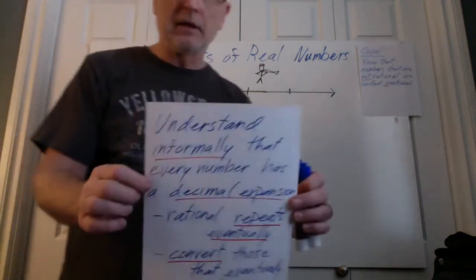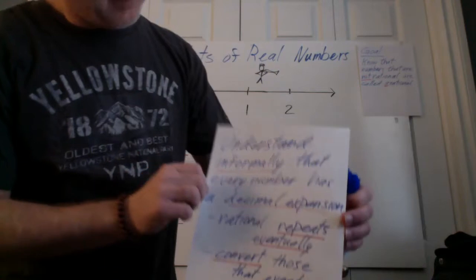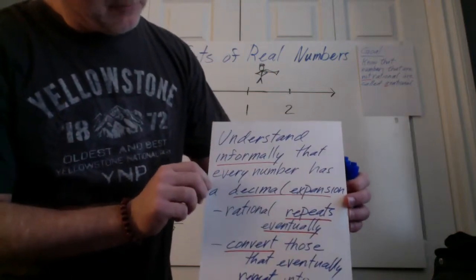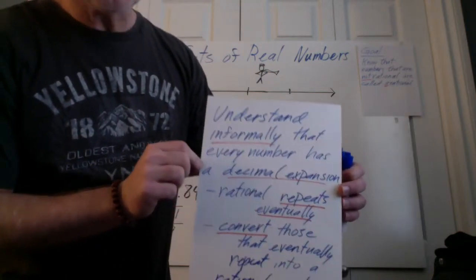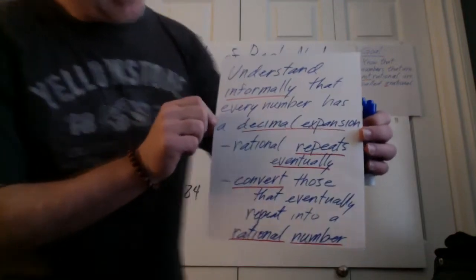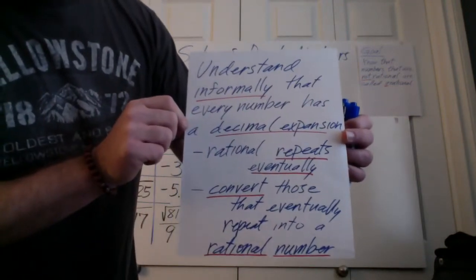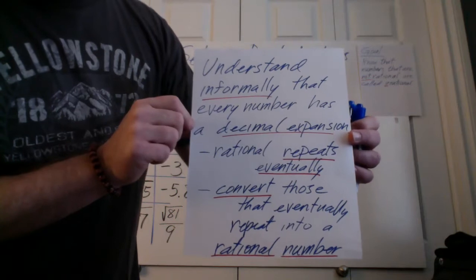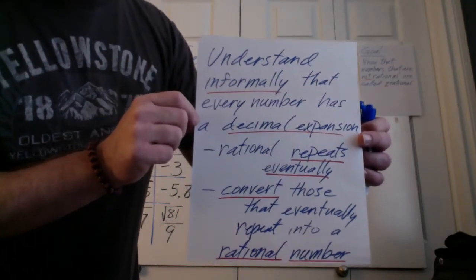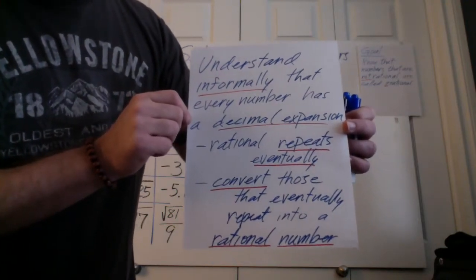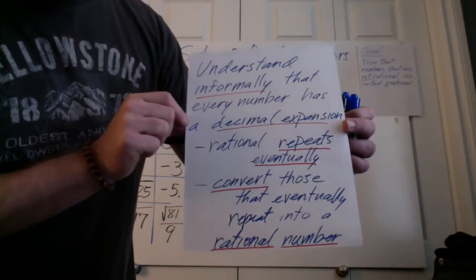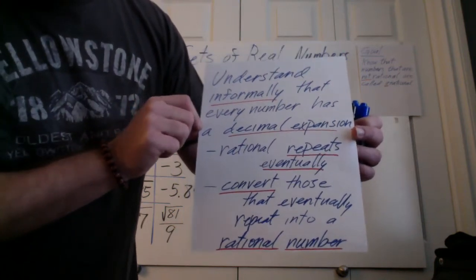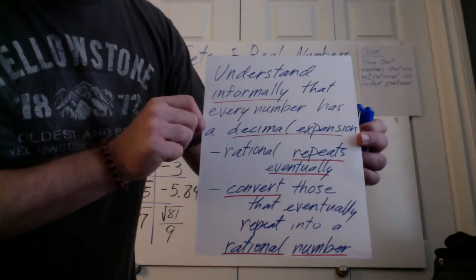The second part of that is to understand informally that every number has a decimal expansion, and that all rational numbers have decimal expansions, those that repeat eventually and those that end.